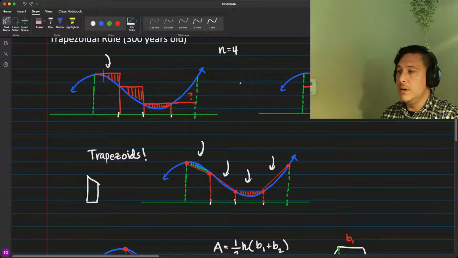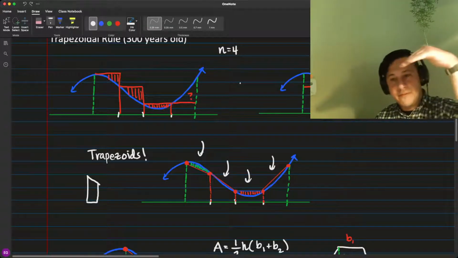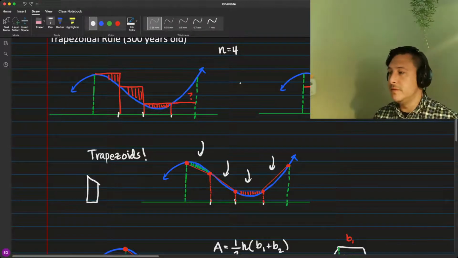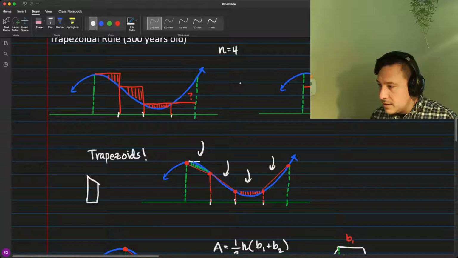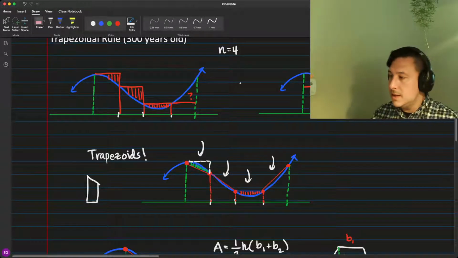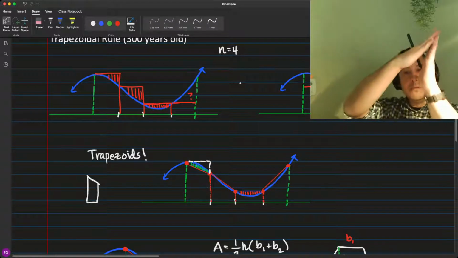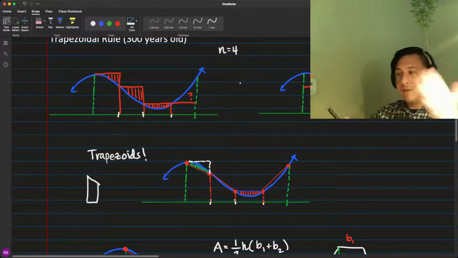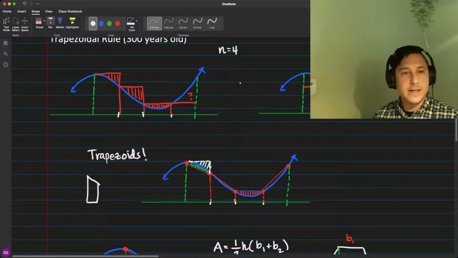So what are we going to do instead? The things that we're going to estimate with are going to follow how the curve moves. Instead of drawing a rectangle, we have a trapezoid that moves with the way the curve flows, so you don't get any of this overestimate here. It follows it really nicely.